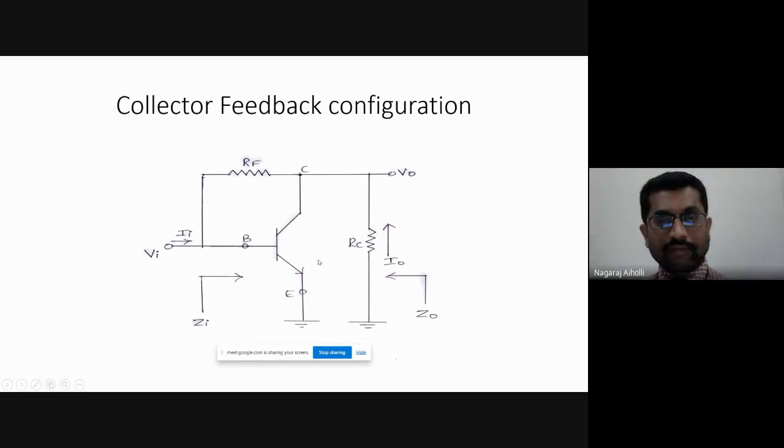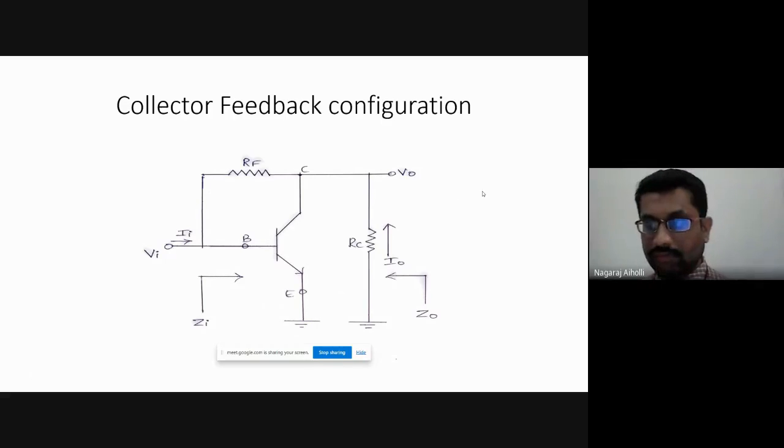Remember, collector feedback configuration is also common emitter configuration. In examination, instead of asking as collector feedback configuration, they may ask as common emitter configuration. Explain the RE model of the common emitter configuration, or explain the collector feedback configuration RE model.